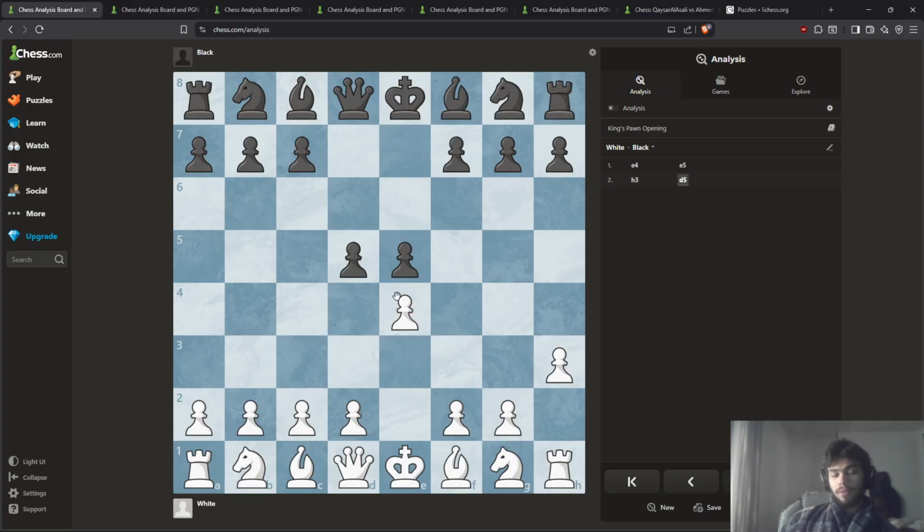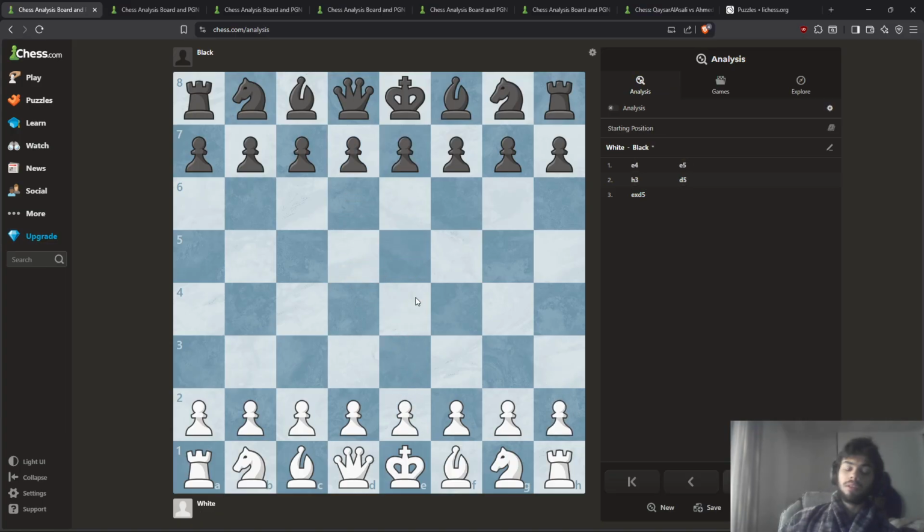You can diagonally with your pawn, like this, you cover these two diagonal squares. You can take like this, and you control these two squares over here. And that's how the pawn moves.